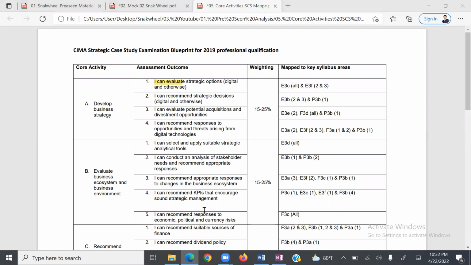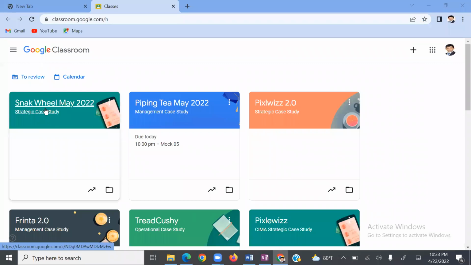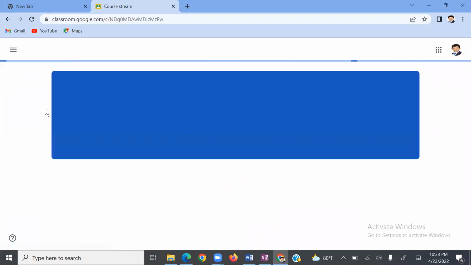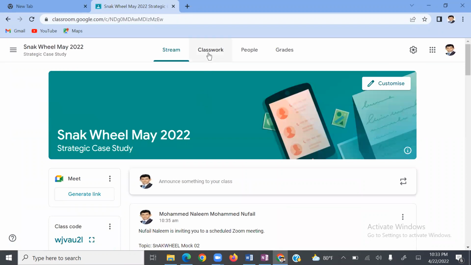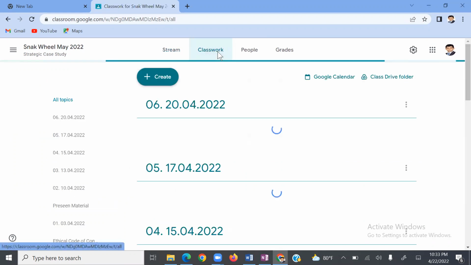So just to show how to use the Google Classroom. Can you see the Google Classroom on your screen? Since it's getting recorded, I will continue. Students, click the Google Classroom. I'll go to the class work section.